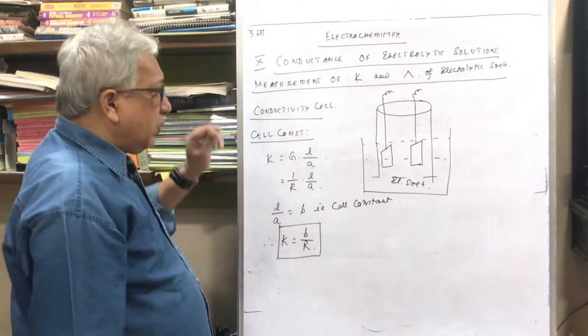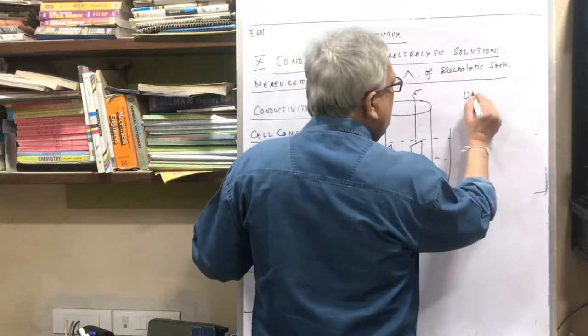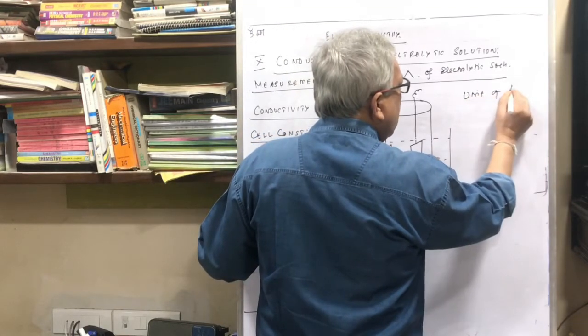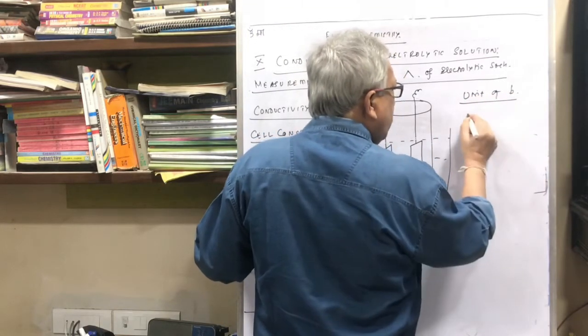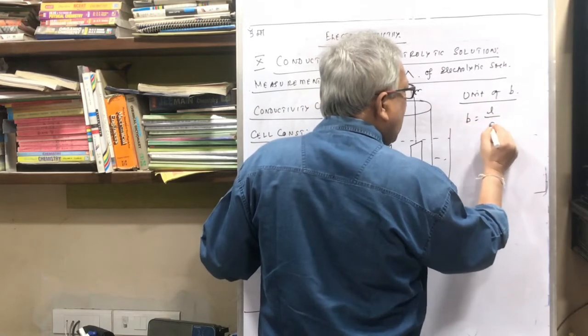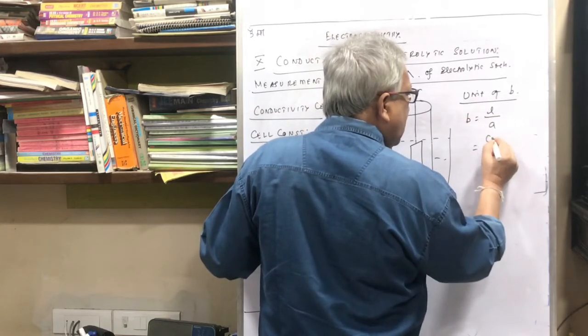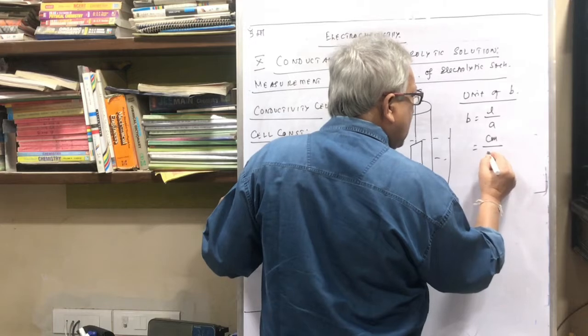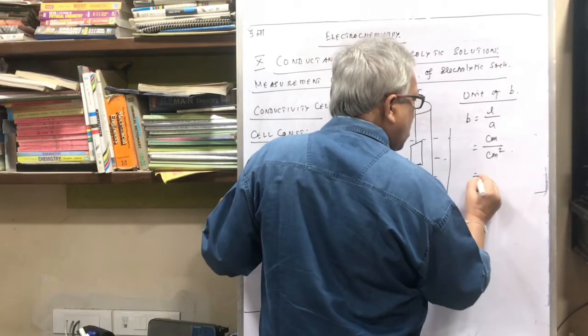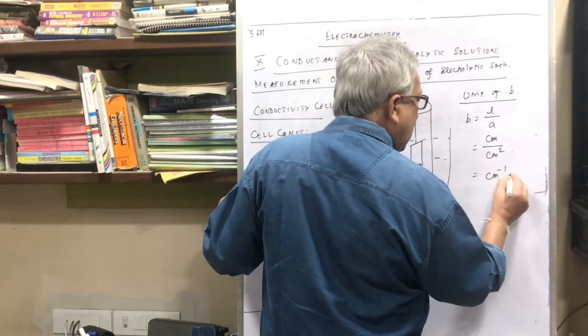By the way, if you are thinking of the unit of B, what will be the unit of B? B is equal to L upon A. L is centimeter, A is centimeter square, so it will be centimeter inverse.